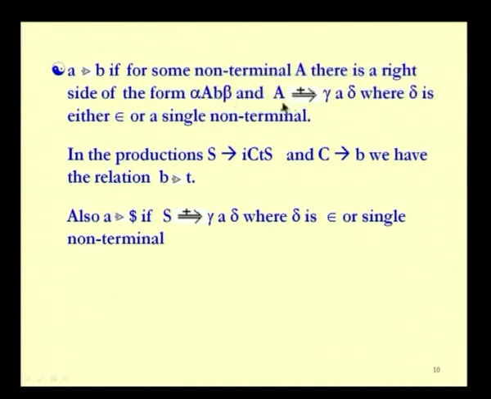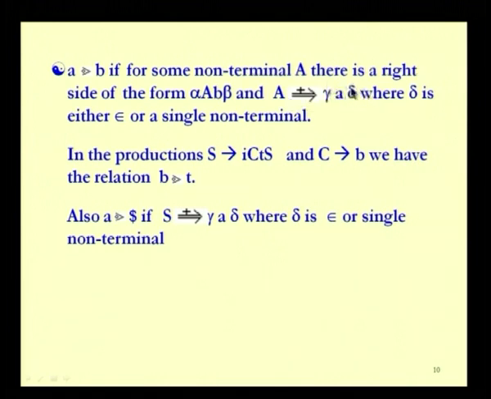And now, the derivation is: A derives, in some number of steps, gamma A delta, and your delta is going to be either an epsilon or a single non-terminal, it is not gamma, which means your A is going to be on a lower level than this B. If you look at the parse tree equivalent for this alpha, A, B, beta are going to be at a level which is smaller than the level of the gamma A and delta.